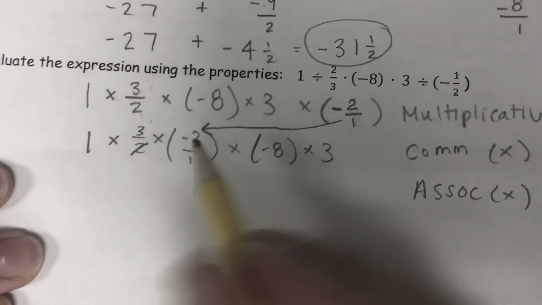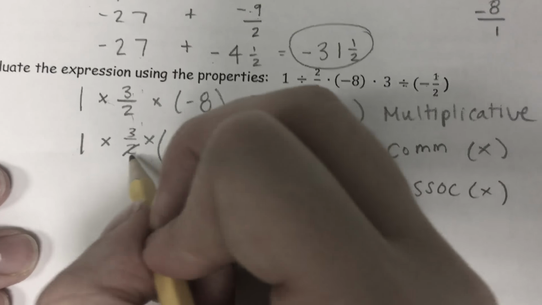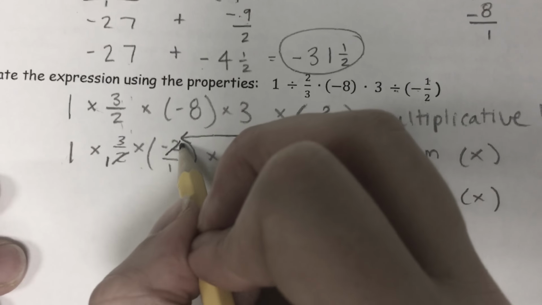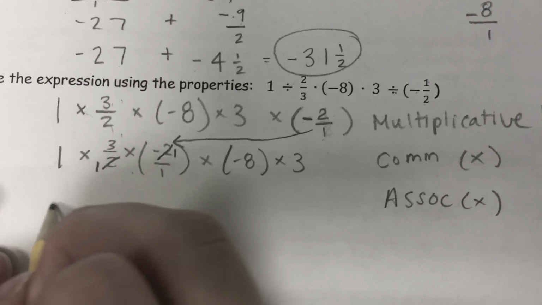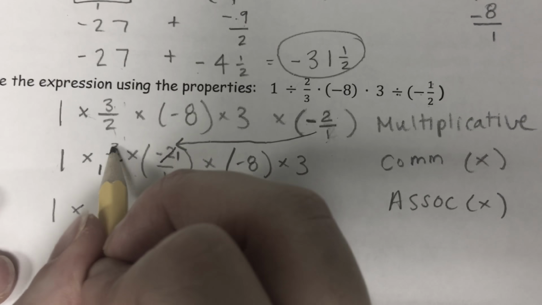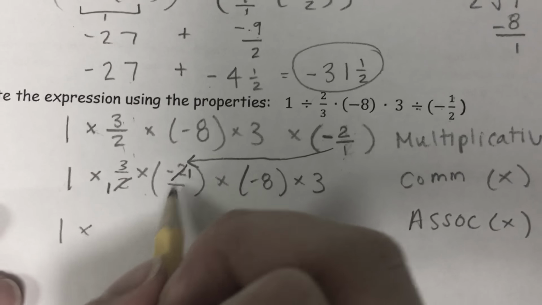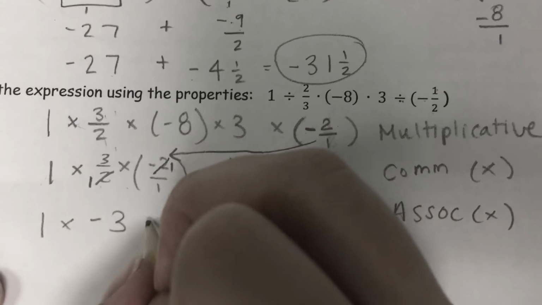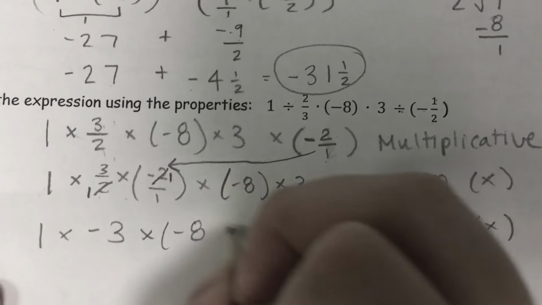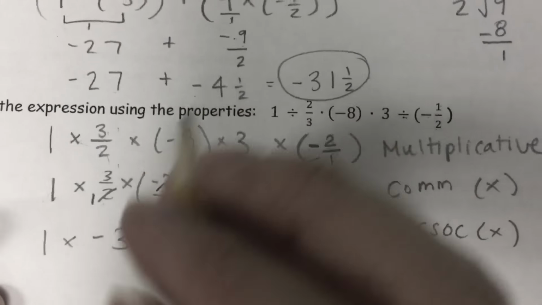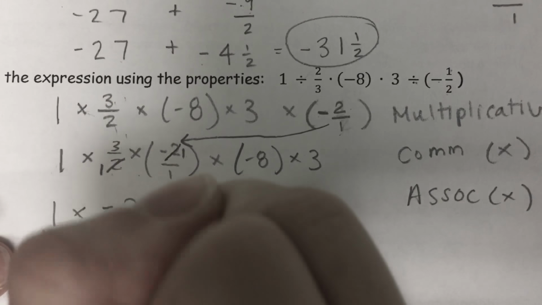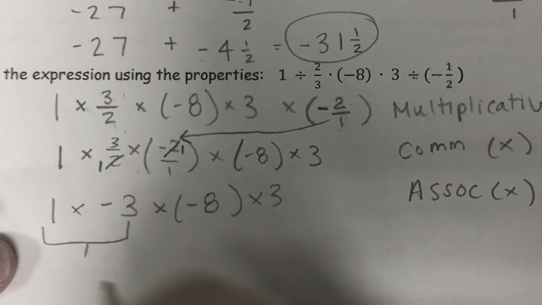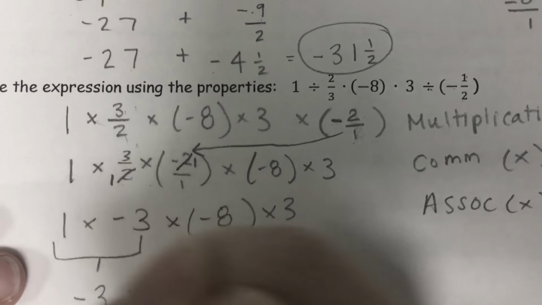Well, I can simplify the 2 and the 2 and both divide by 2, so I get 1 and -1. All right, so 1 times 3 times -1 is -3. -3 over 1 is just -3. Okay, let's first do this. 1 times -3 is -3.